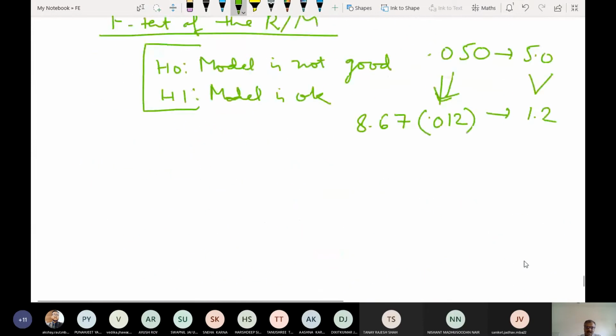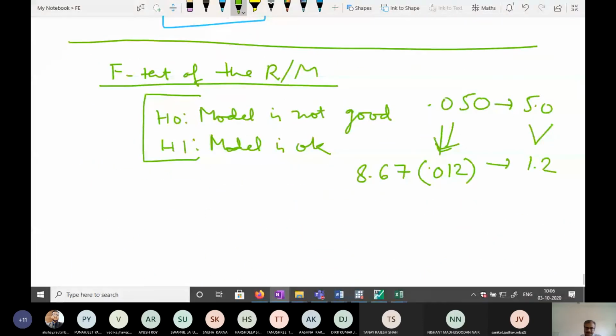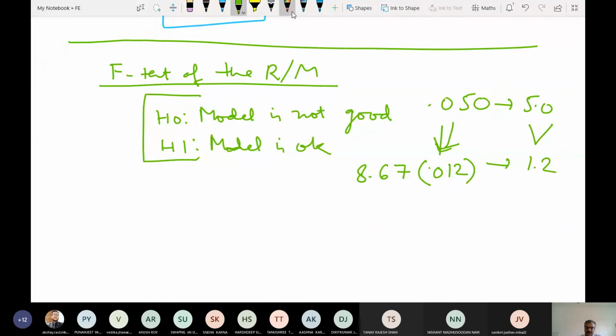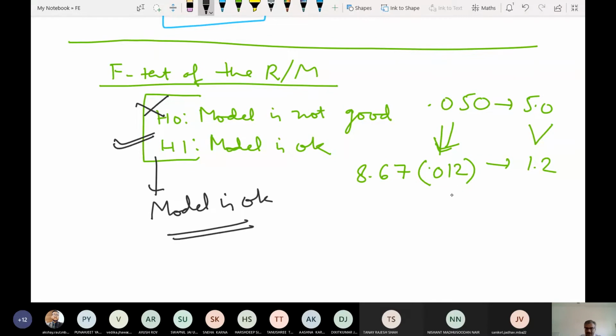Following that logic, reject the null means reject the null and accept the alternate. So I'll say my model is okay. Why? Because the corresponding p-value is less than 0.05. The null that the model is not good is rejected. The alternate that the model is okay is accepted.